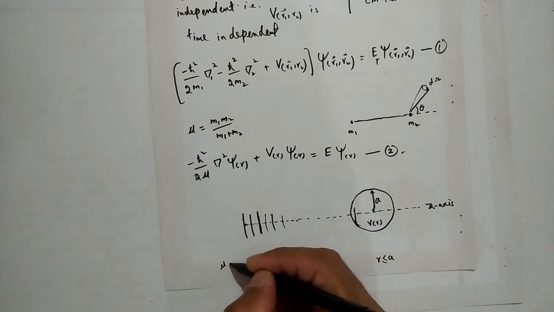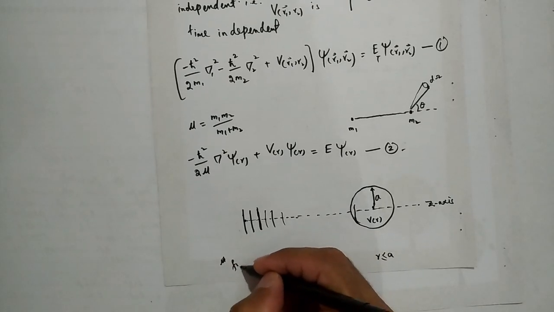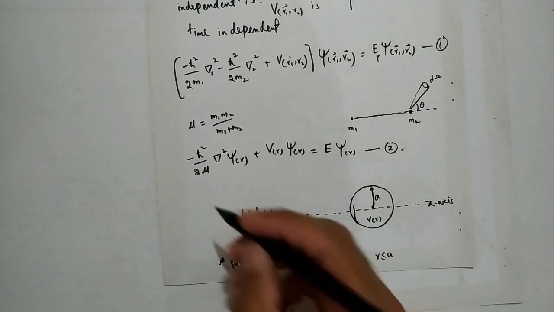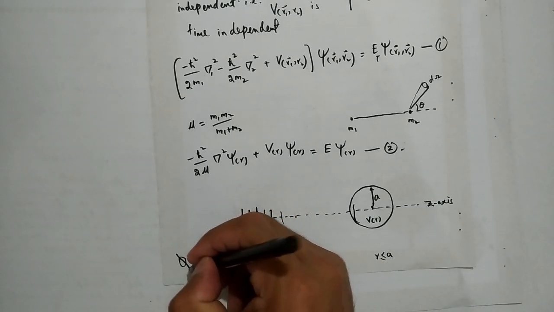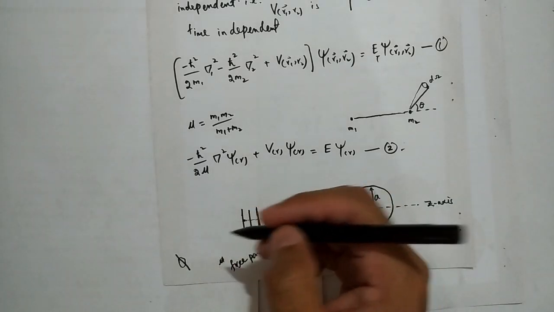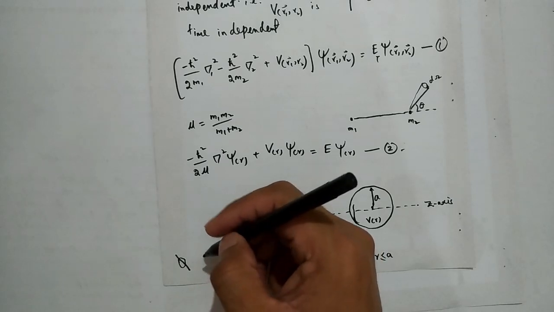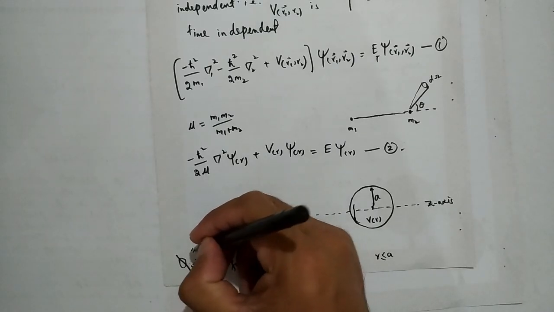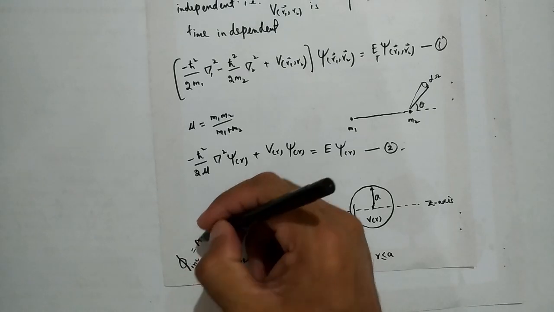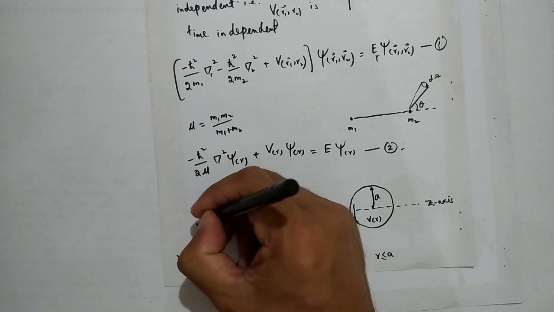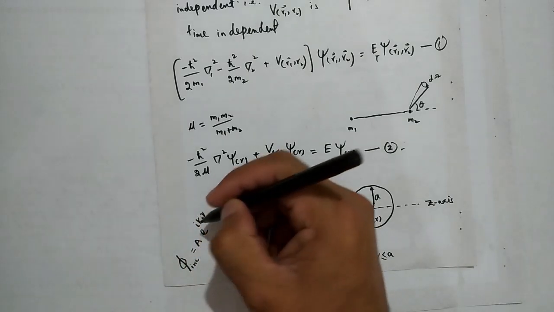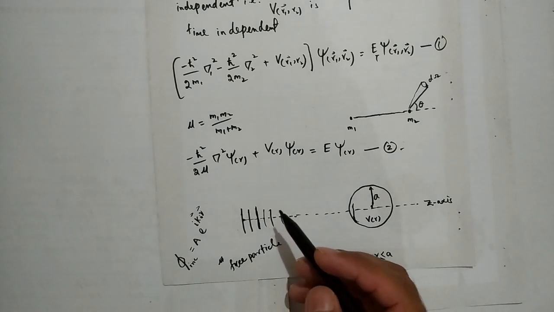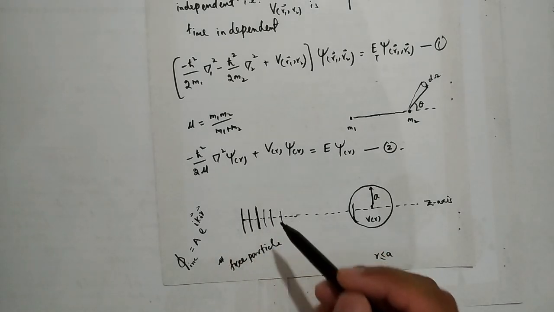This m1 is a free particle, and let's suppose I represent its wave function by phi I, phi incident, which is a e to the power i k naught r, where k naught is the wave vector of the incident particle.